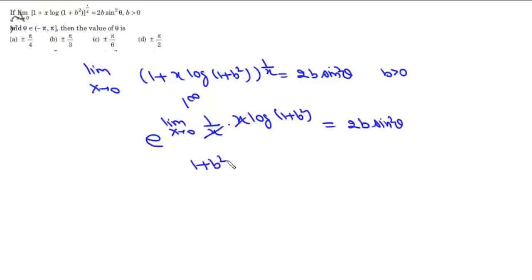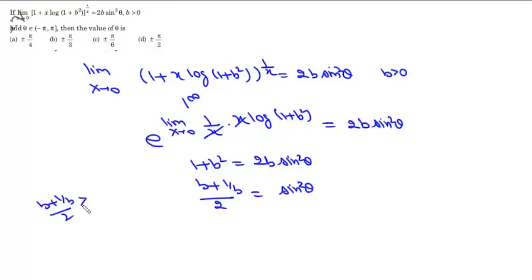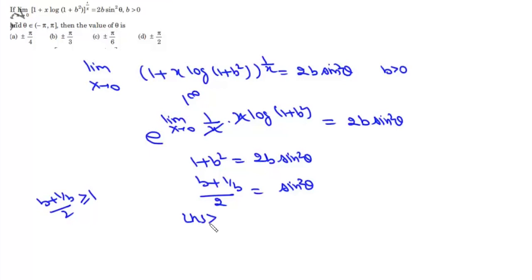Now this is 1 plus b square equals 2b sine square theta, or we can write (b plus 1 upon b) by 2 equal to sine square theta. Now (b plus 1 upon b) by 2 is greater than or equal to 1 using AM and GM. So this left hand side is 1 or greater than 1, and your right hand side, which is sine square theta, is always less than or equal to 1.